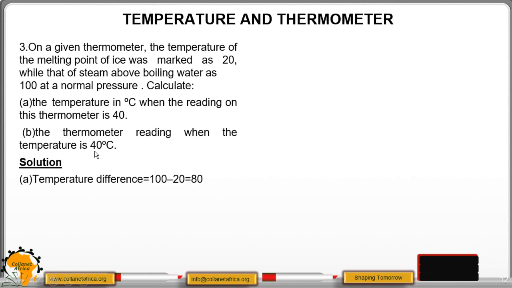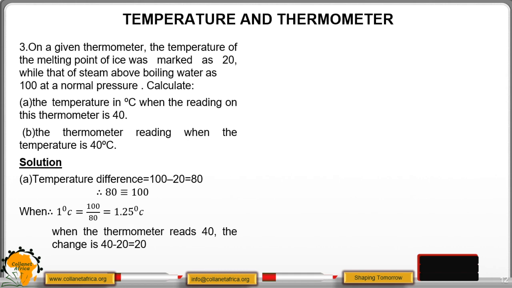We start with the first one. First of all, we always get the difference. 100 minus 20, you get 80. So it implies 80 degrees on this thermometer is equivalent to 100. What about 1 degree? You divide by 80, you get that 1 degree is equivalent to 1.25 degrees Celsius.